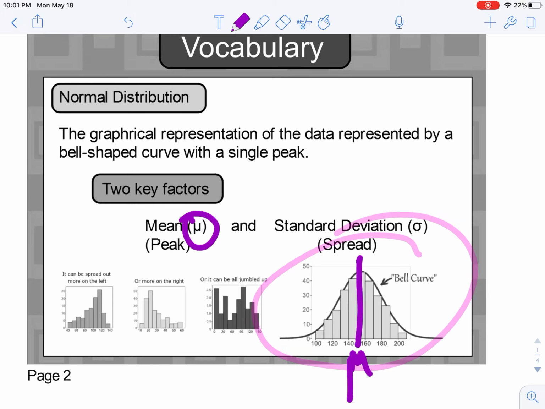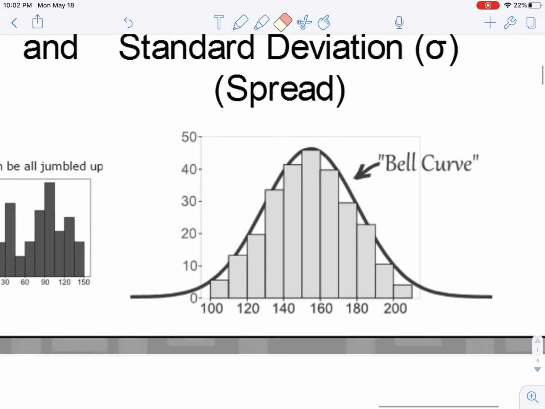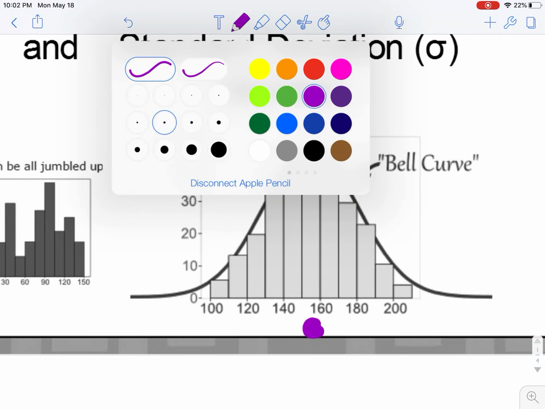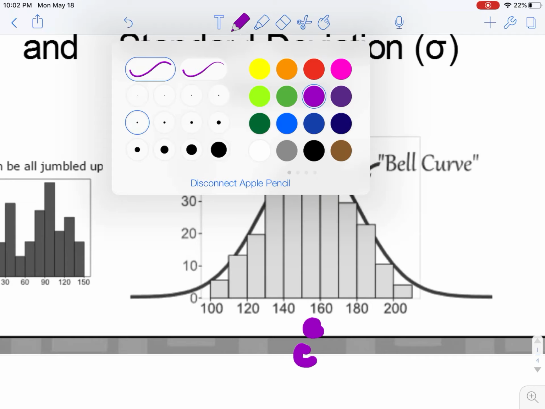So let's say, I'm just making this up, this is a height. Let's use these numbers here. Let's say the average height is 160 centimeters. I don't even know if that's realistic, if that's like a height number. But let's just say it's 160 centimeters.